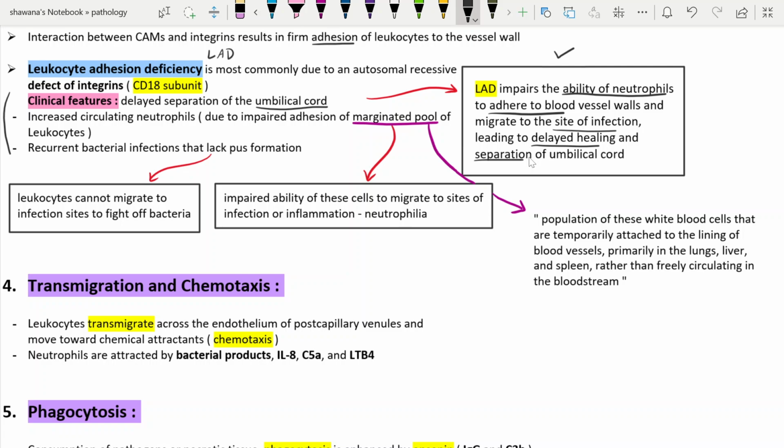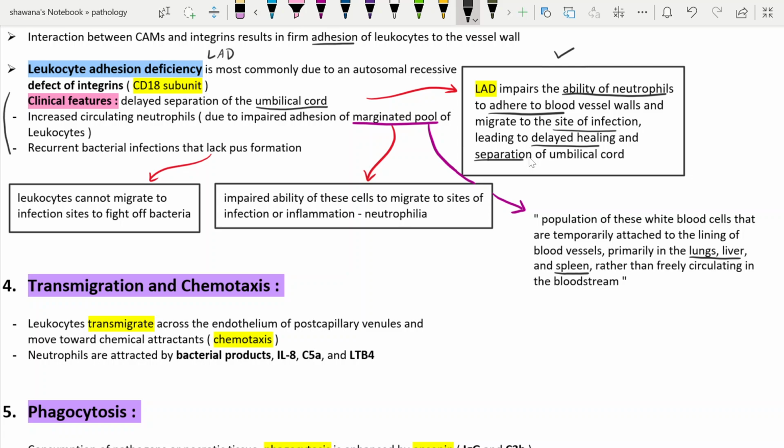Rather than freely circulating in the bloodstream, they are attached to the linings of blood vessels, lungs, liver and spleen. So what does leukocyte adhesion deficiency result in? It results in increased circulating neutrophils, because these leukocytes cannot adhere to the vessel wall and cannot pass through it. So there will be neutrophilia. It means a lot of neutrophils will accumulate in the bloodstream.